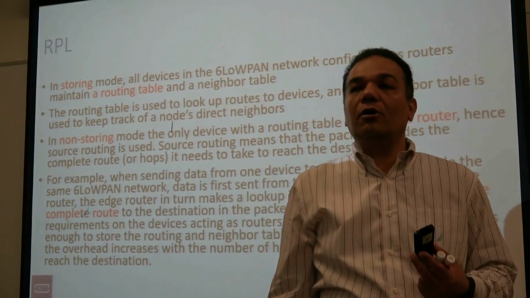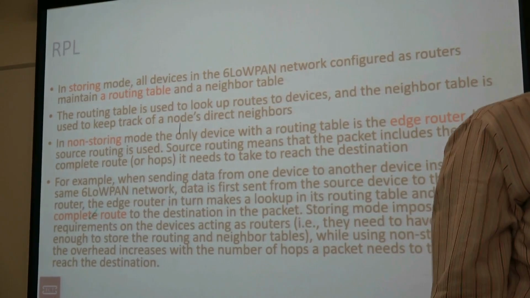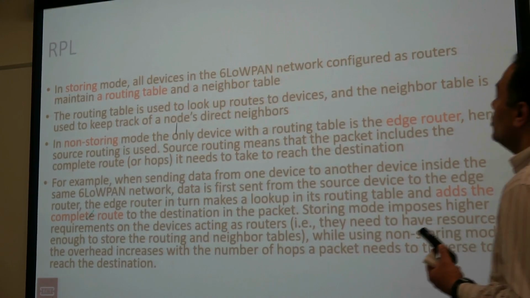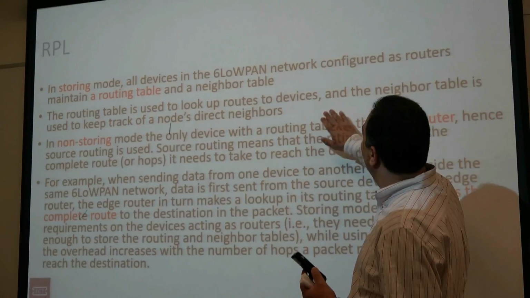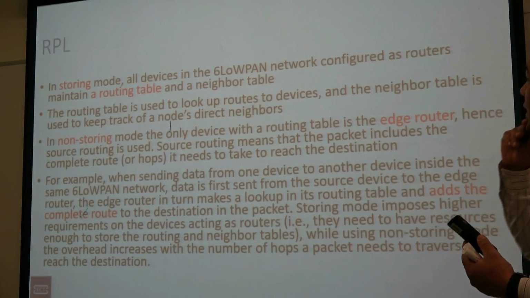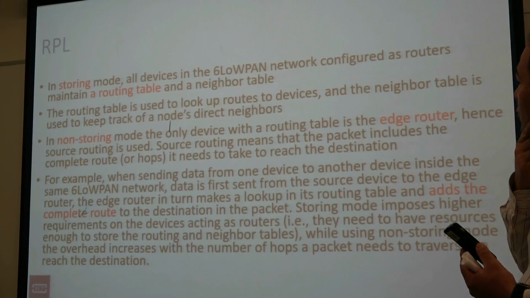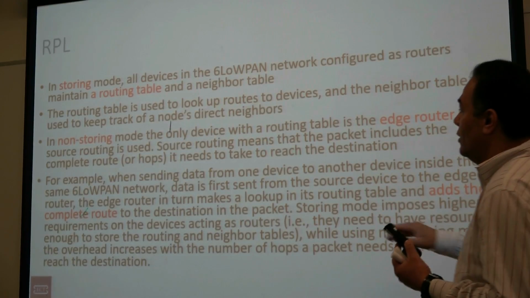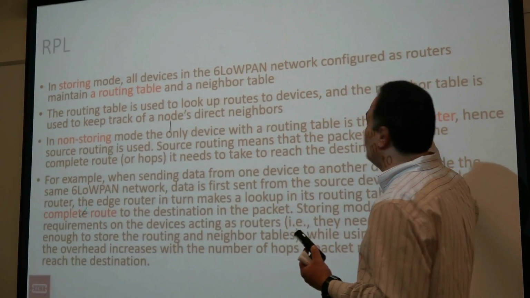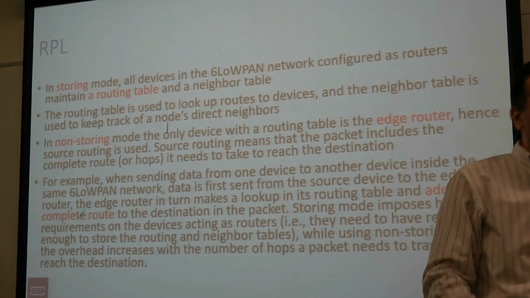The routing table is used to look up routes to devices, and the neighbor table is used to keep track of a node's direct neighbors. In non-storing mode, the only device with a routing table is the edge router.